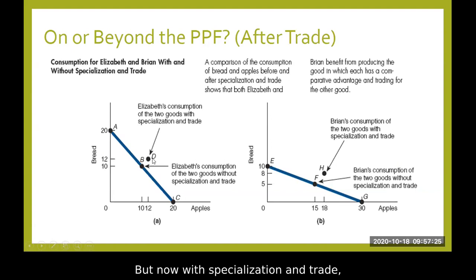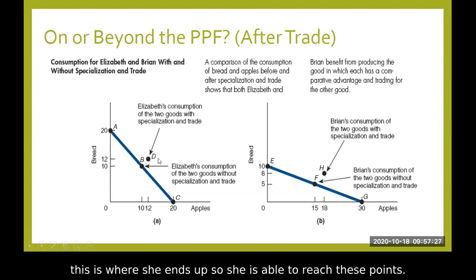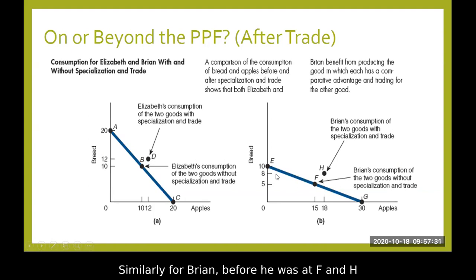But now with specialization and trade, this is where she ends up. So she is able to reach these points. Similarly for Brian, before he was at F and H would have been unattainable. But with specialization and trade, it allows him to be able to produce and consume at this level over here. So we can see that both Elle and Brian are better off with trade.